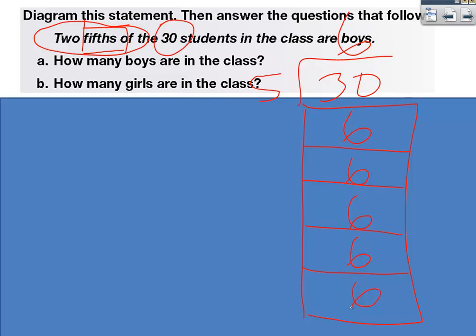Now it says 2/5, so I'm going to go ahead and mark off 2. 2/5 of the students in the class were boys, so we know these are boys. And that means that we have 3/5 that are girls. So how many boys are in the class? Right here, 12 boys.